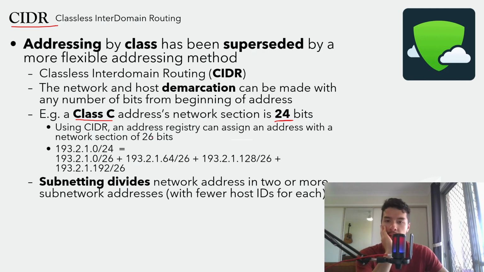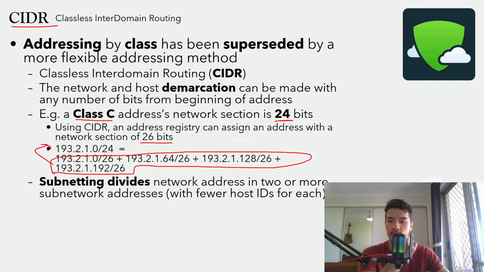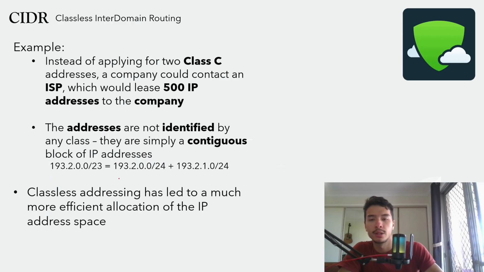Using CIDR, an address registry can assign an address with a network section of 26 bits. So if you look here, you've got /26, which is going to be 4 subnets right here, and I sort of aggregate that into just this first one over here, as you can see here, using the slash notation there. Subnetting divides networks into 2 or more subnetworks, with addresses having fewer host ID bits for each. Okay.